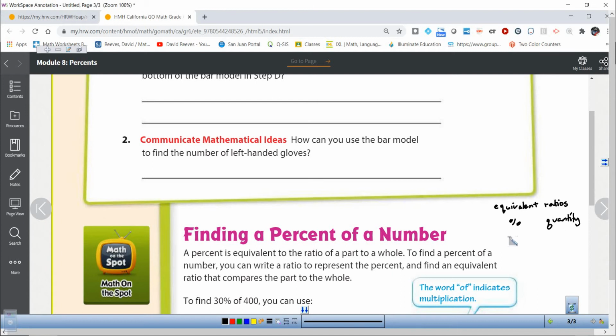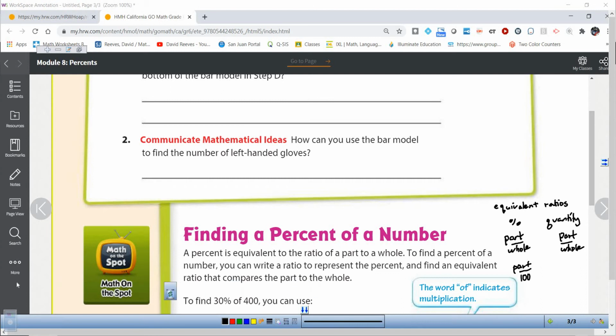And for both of those ratios, we're going to have the part over the whole. Now for percent, that will always be part over 100. All right?